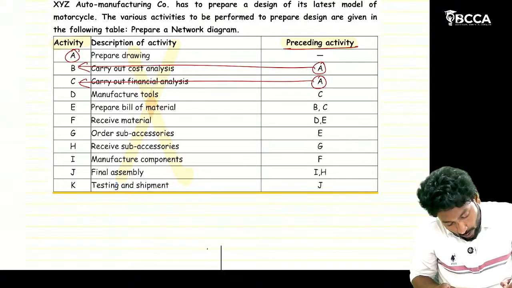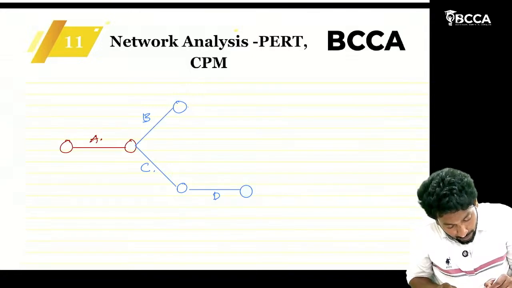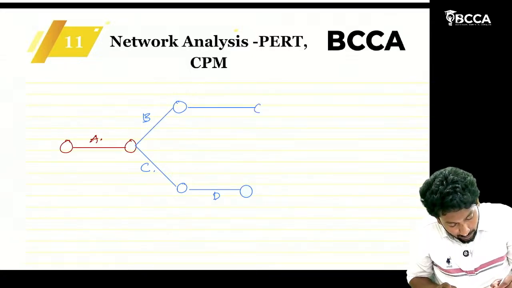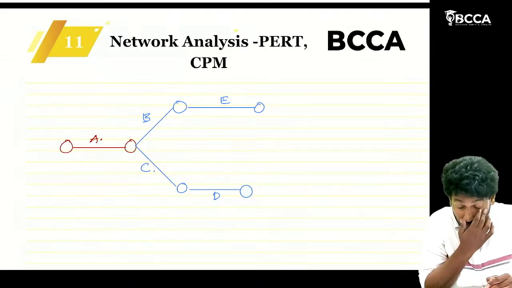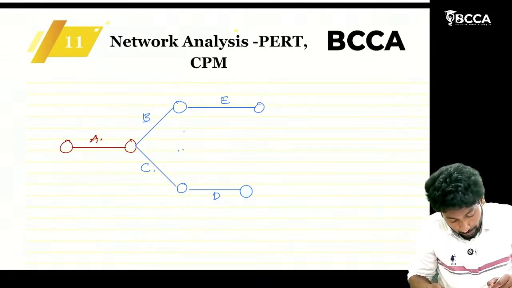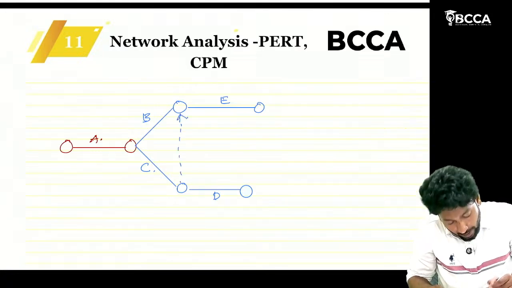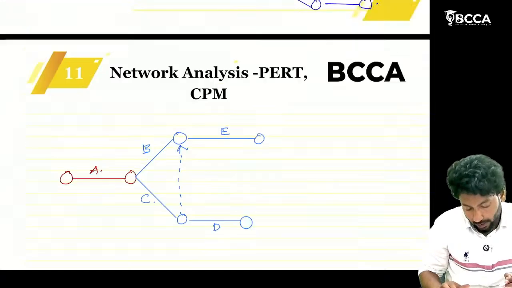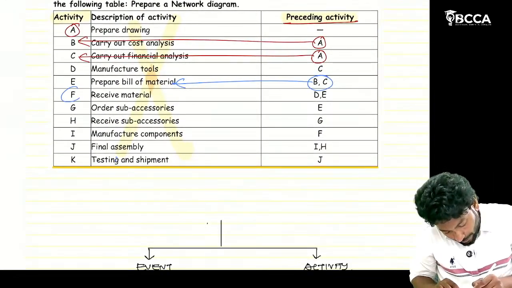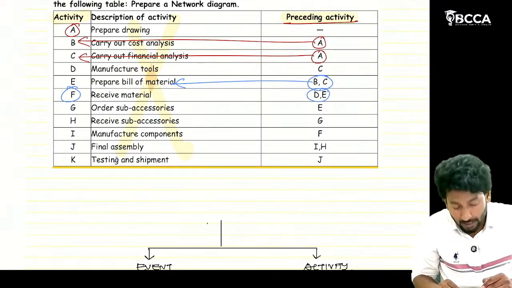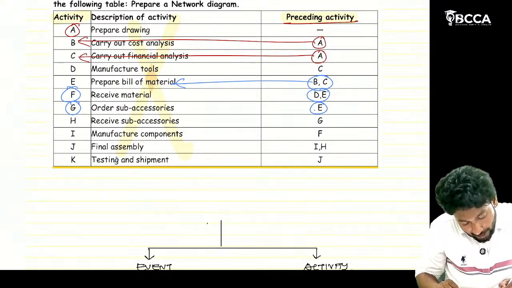Activity E should have B and C as preceding activities. That means draw E here, and to give the meaning that E has two preceding activities, draw a dummy line from C to B. F has D and E as preceding. G has only E as preceding, so after E ends, G can start.